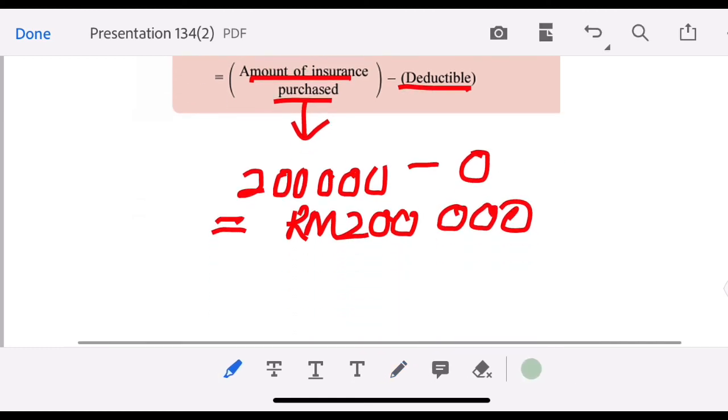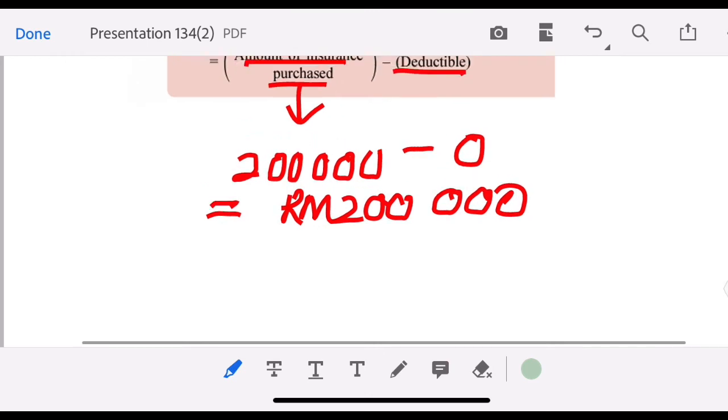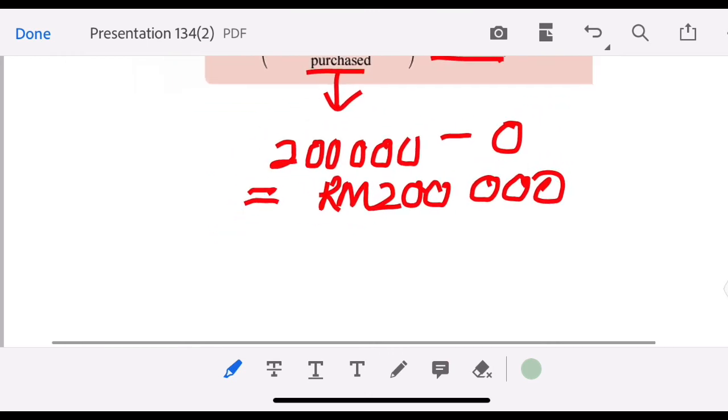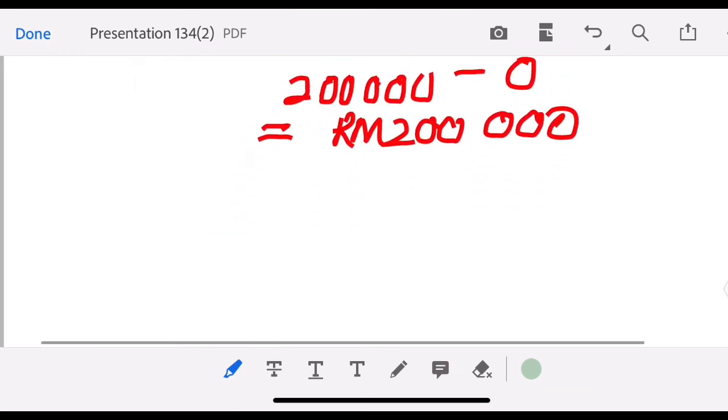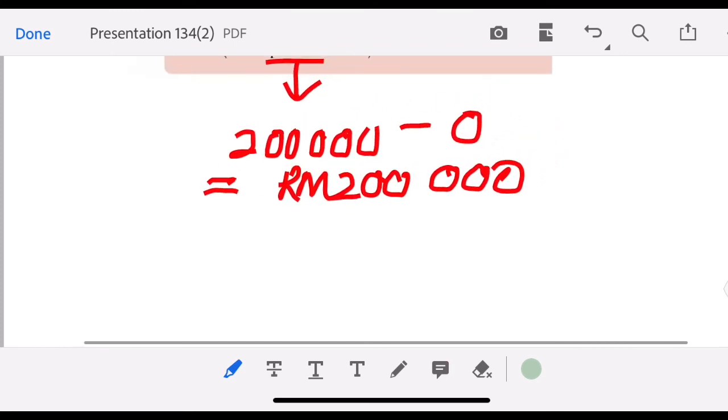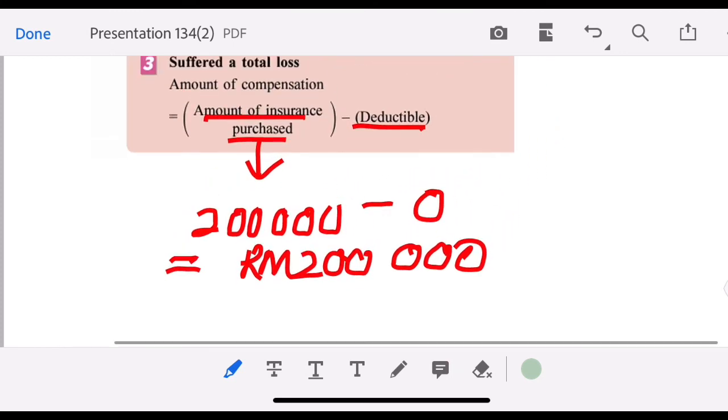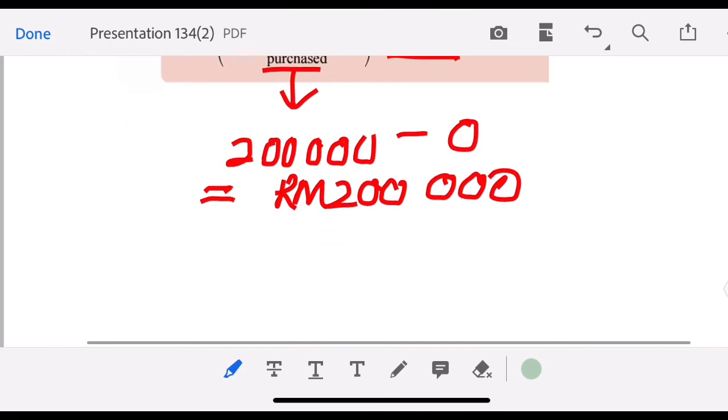So it seems like the compensation is 200,000, which is actually the total amount of insurance purchase minus a deductible.